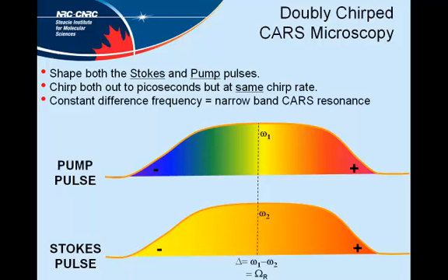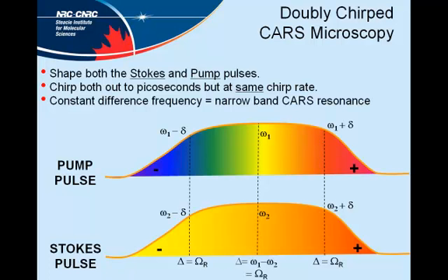If I stretch both of them, but I do it a little bit thoughtfully, such that I chirp them at the same rate, then if I change the color on this red side by some amount delta, and I do the same for both pulses, the difference frequency is constant. So this pair and this pair have the same difference frequency. And the same is true on the other side, if I did it at the same rate. That's a constant difference frequency, and that's a requirement for a CARS resonance.